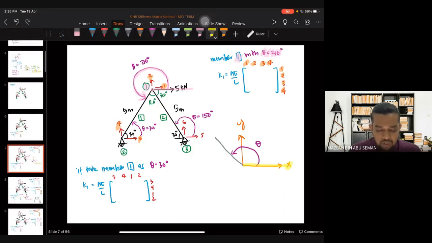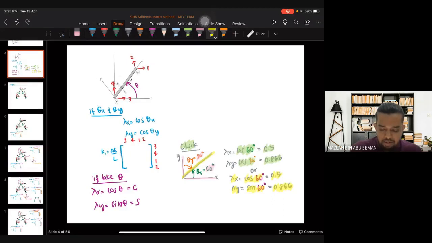And if you are using theta, for this one, lambda x is cos theta, lambda y is sin theta. Just using cos and sin. But if you are using cos theta y, that's for lambda. Lambda x is cos theta x, lambda y is cos theta y. Alright, is it clear? Okay.